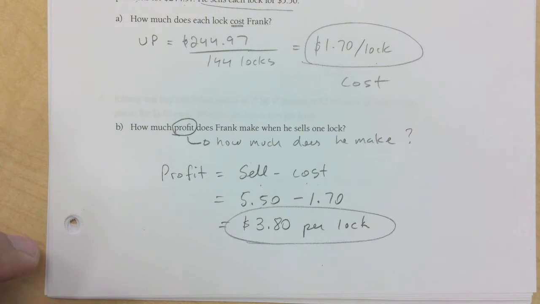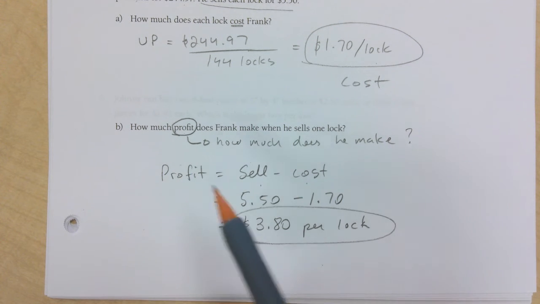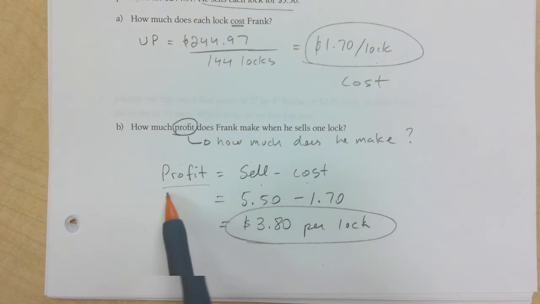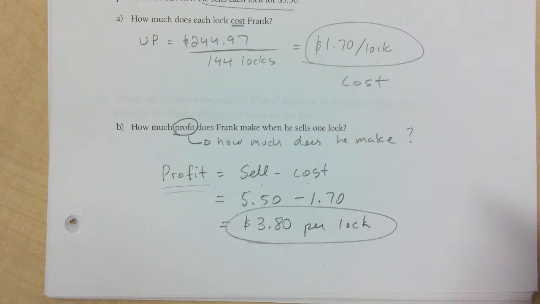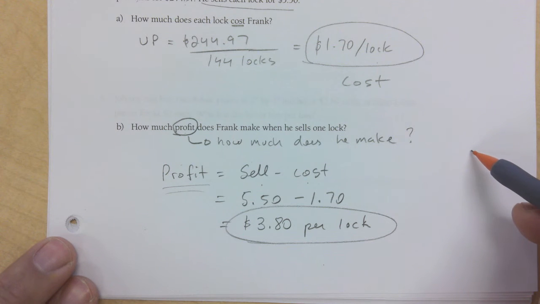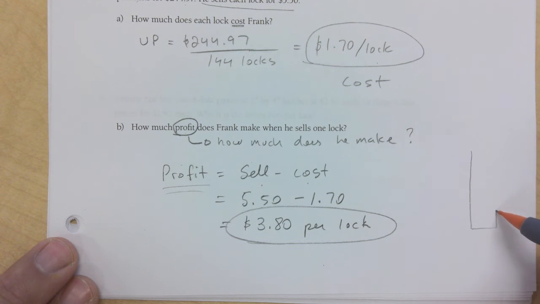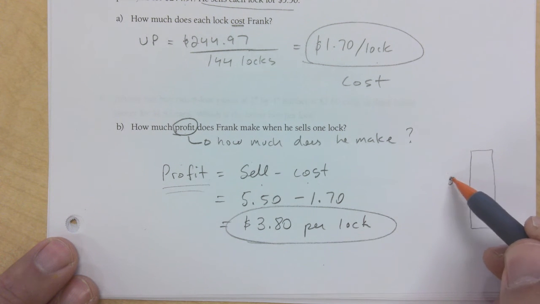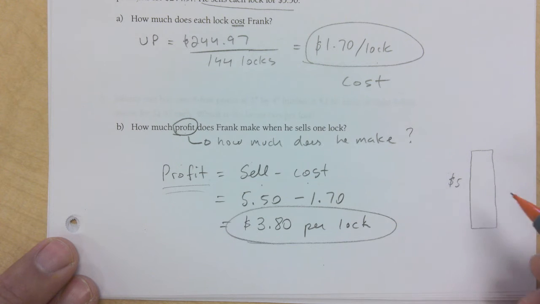Okay, so you're making $3.80 for every lock that you sell. So profit is perhaps somewhat of a new term. I know that you know that that's making money, but really the profit is, right? Let's say this is the item you're buying, and you pay $5 for it.